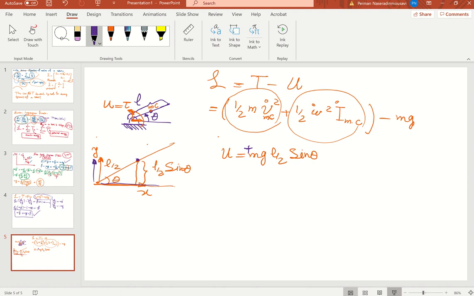So your U is gonna be minus U, minus mg L over 2 sine theta. Now I have to calculate this V. I know that the omega is theta dot, obviously.